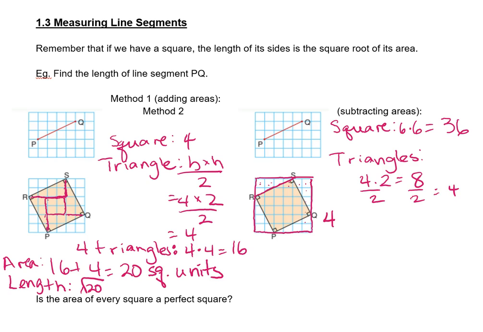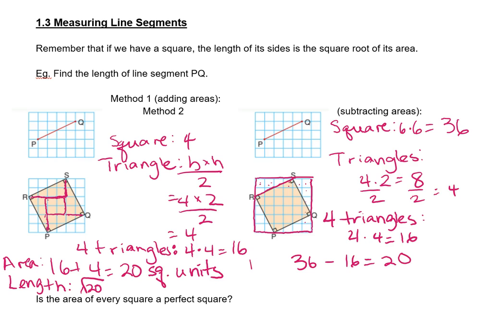And the area of 4 triangles, which apparently I have a hard time writing, triangles, 3 angles, is 4 times 4, which is 16, just like we had before, but now we're going to subtract that area. So 36 minus 16, and oh look, awesome, the area is still 20.